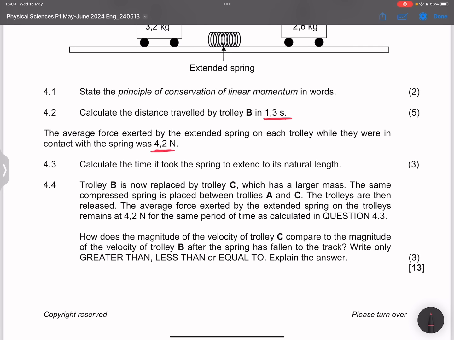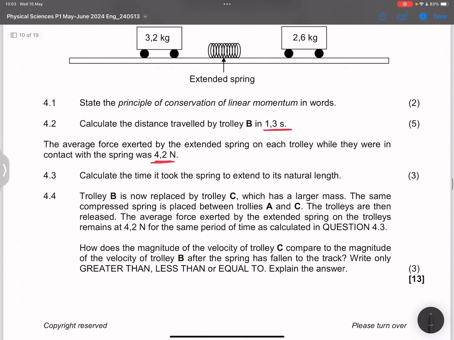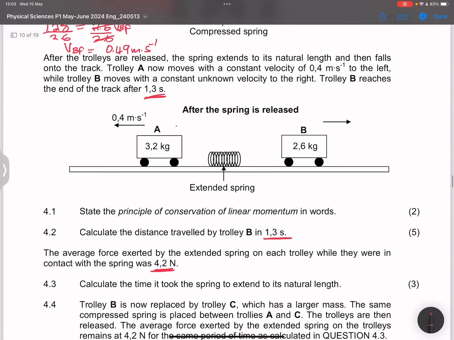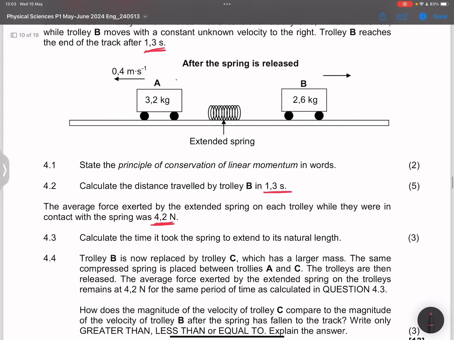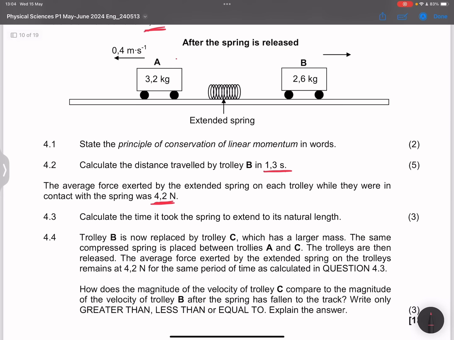They say calculate the time it took the spring to extend to its natural length. Now I want you to note, we are now looking at the amount, and were we given the time that it took for the spring to extend? Let's look at this.